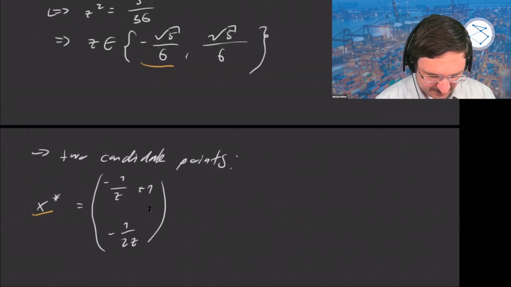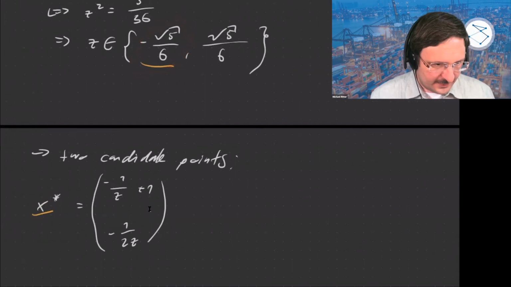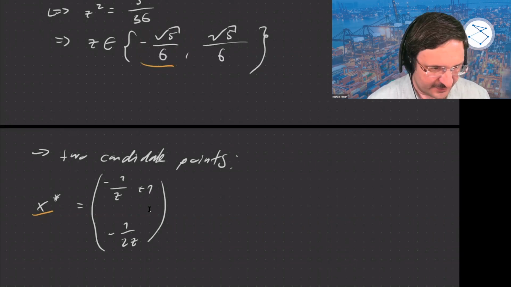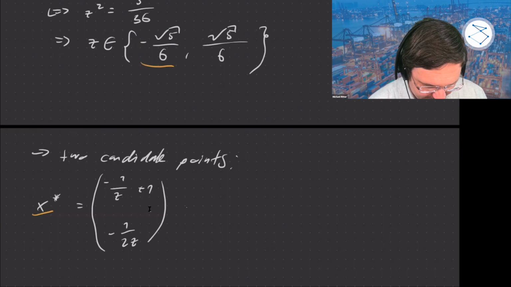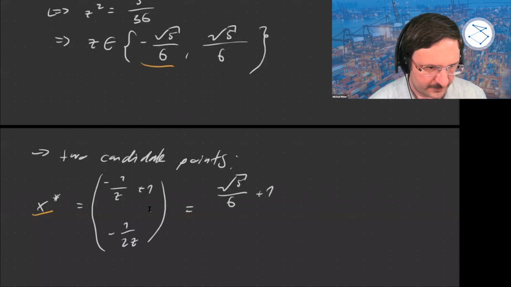And now if we substitute that value here for c, what we get is, let's see, the square root of 5 over 6 plus 1.